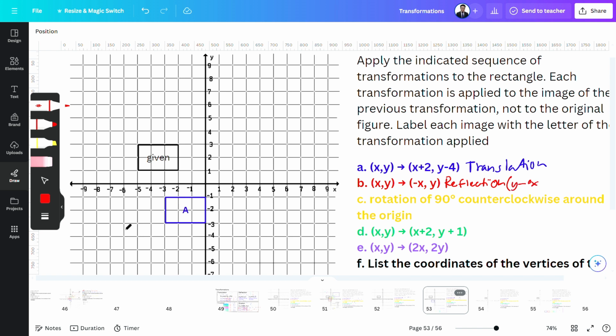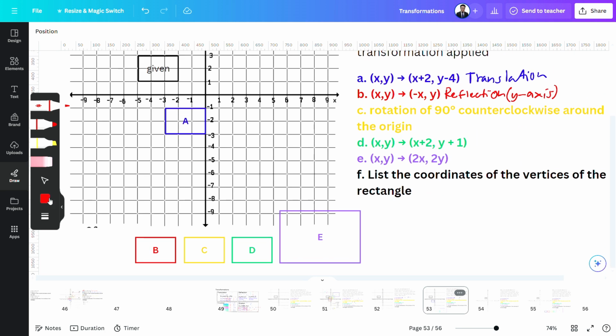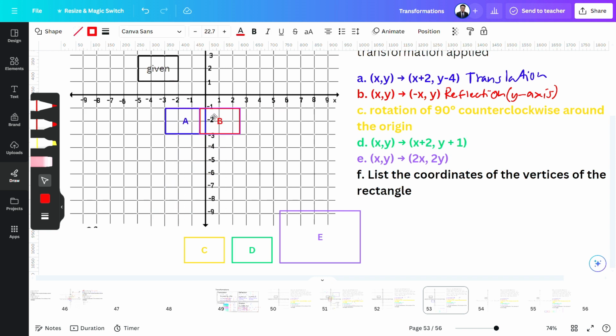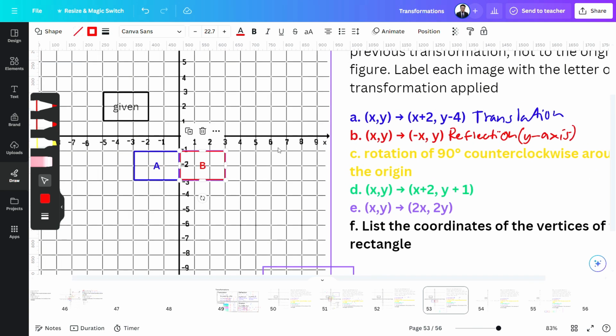Y-axis. Okay, y-axis. If the y-axis will be our line of reflection, so the letter B would actually look like this one because we just try to mirror or flip the figure across the y-axis. That's it for letter B.